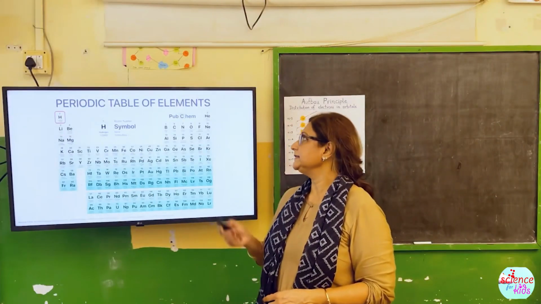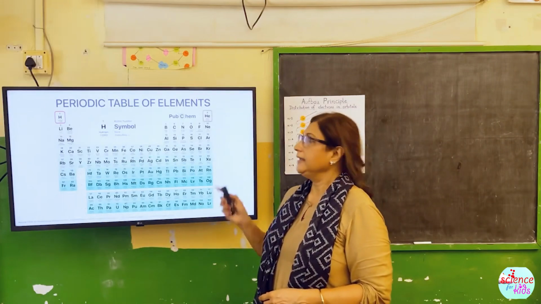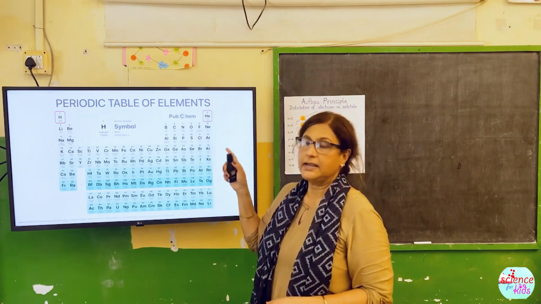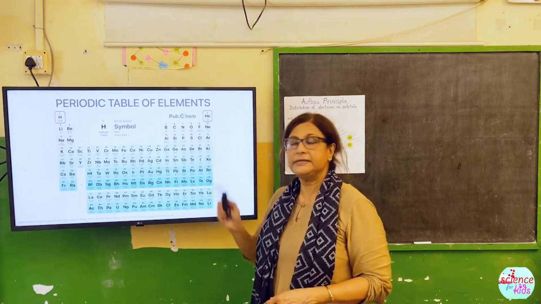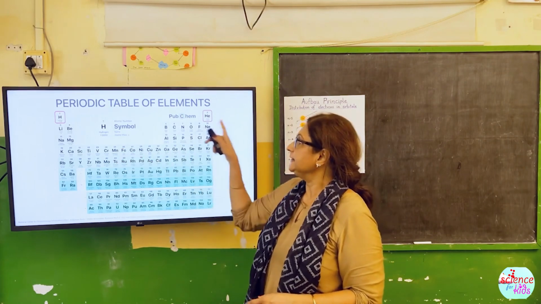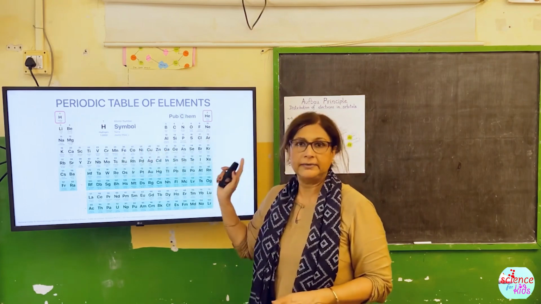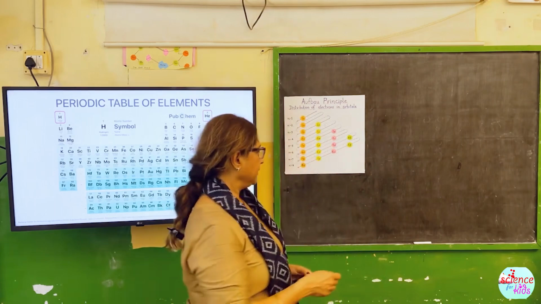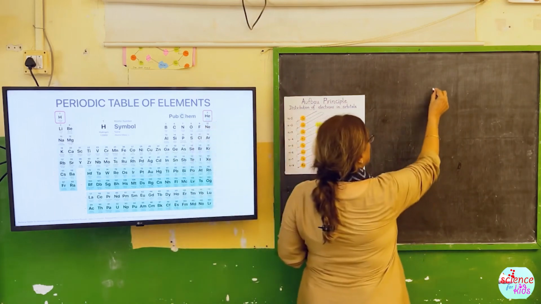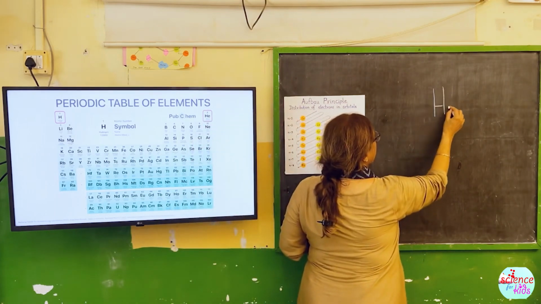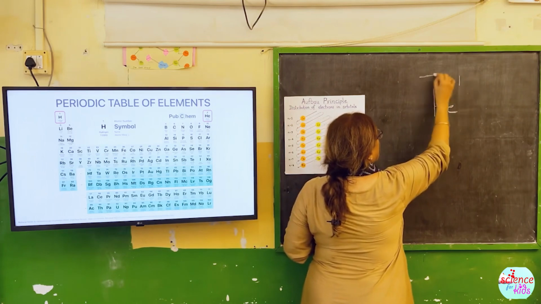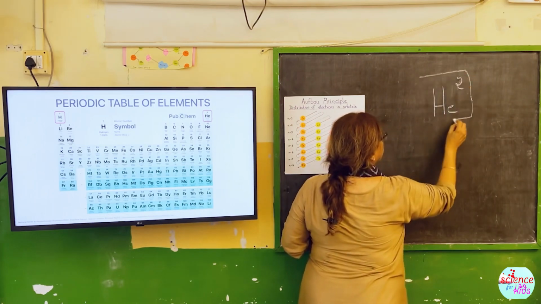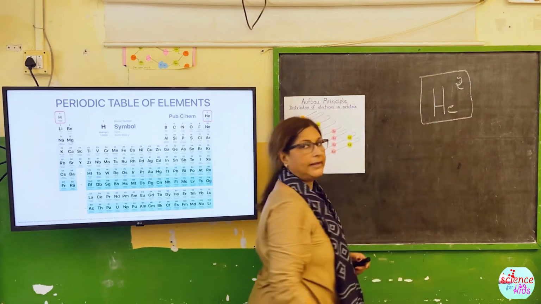Let's look into the next example, which is helium. Helium is also part of the first period, and the atomic number for helium is 2, and helium is an s block element, as you know. So let's do the electron configuration for helium. I'm going to write it down all over again. Helium has atomic number 2.